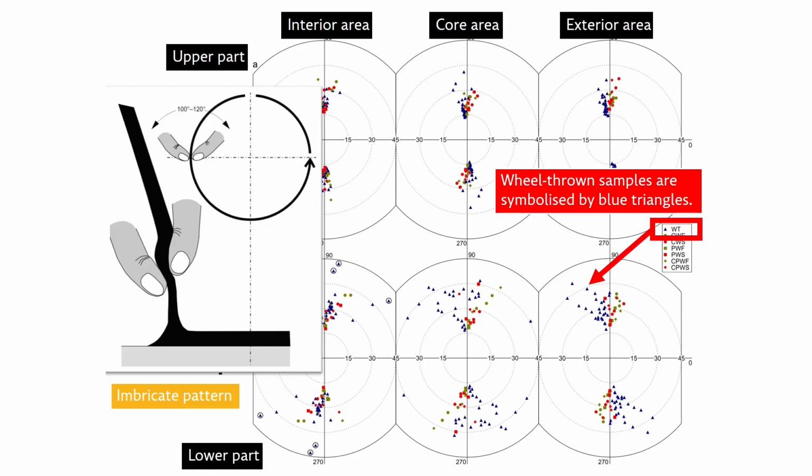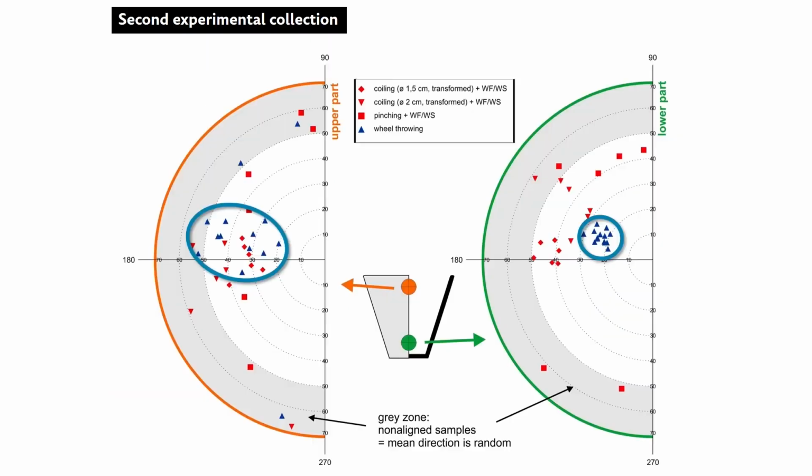The specific characteristics of the orientation of wheel-thrown samples are developed especially in the lower parts of the vessels. You can see it on the radial sections here.